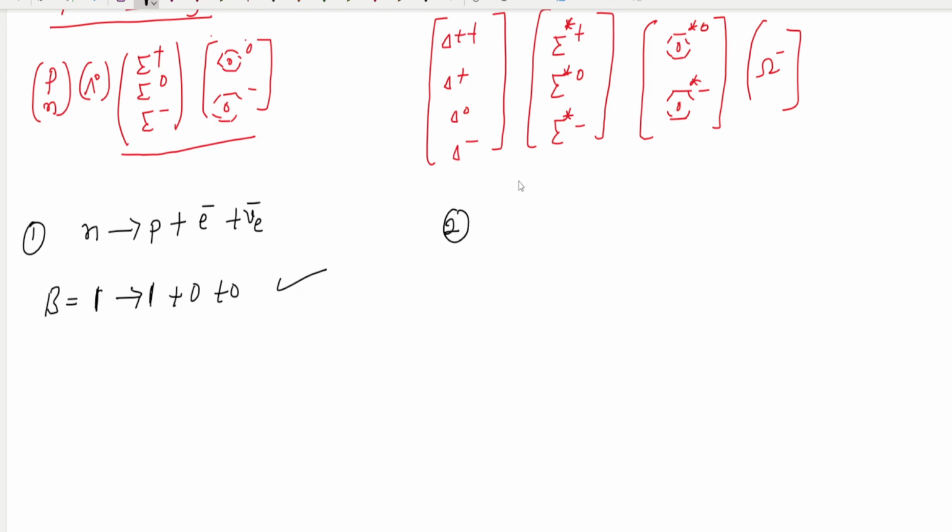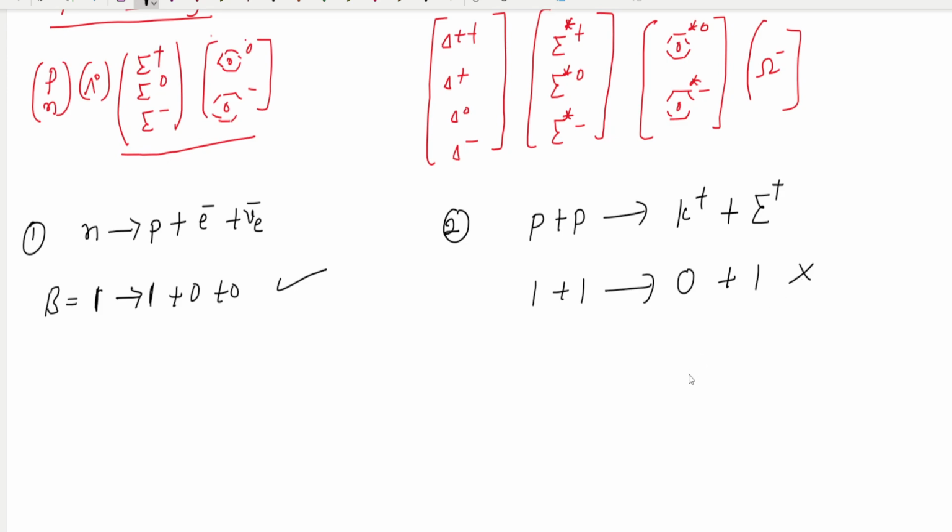Second example. For example, p plus p tends to p plus K plus plus sigma plus. The baryon number is 1 plus 1 on one side, and K plus is a meson, so it is 0 plus sigma plus here.